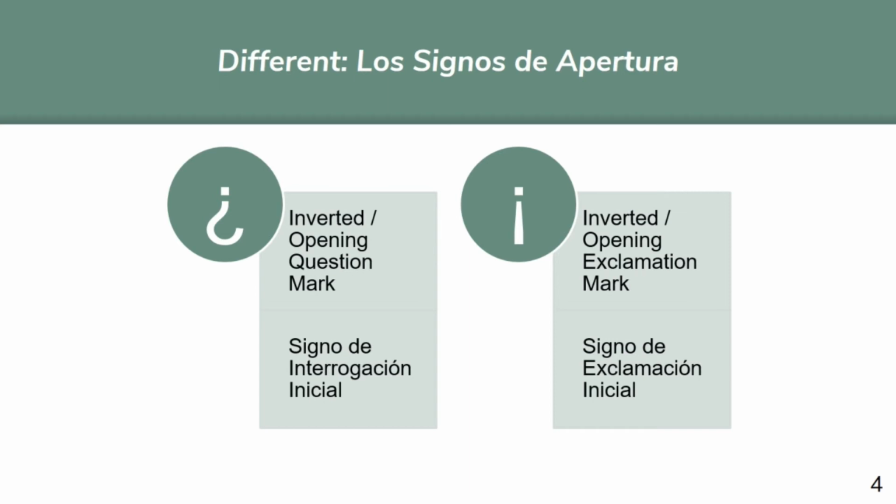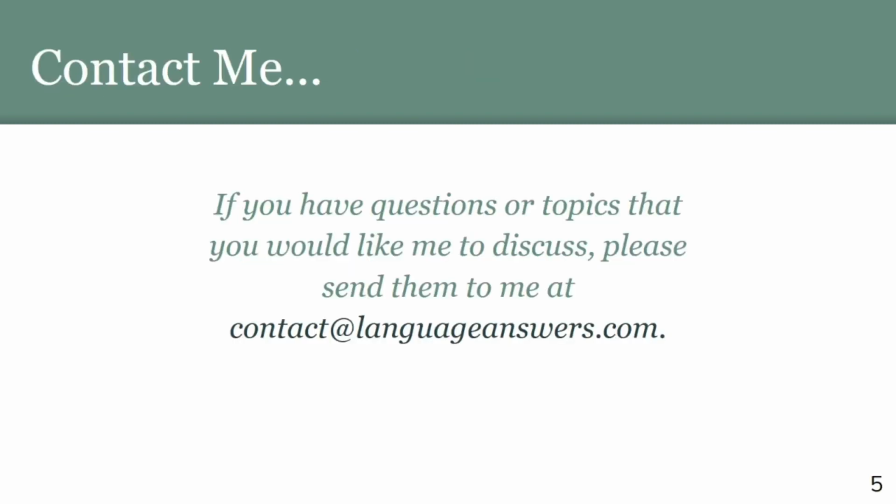But in Spanish, you know immediately, right away, this is the tone of voice that the sentence is in. I personally find that pretty helpful. I like it. Not to mention that it's just really fun to see three upside down exclamation marks at the beginning of a sentence.